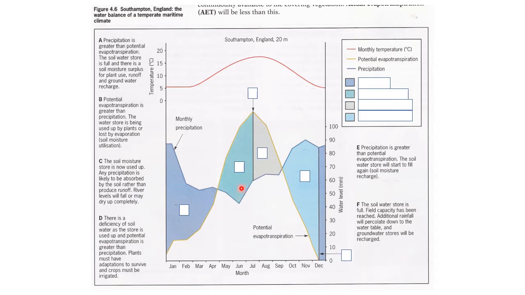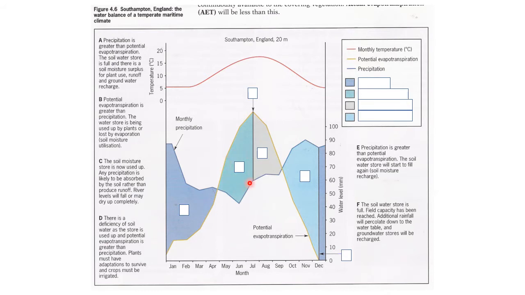So you've still got moisture in the soil, but more of it is evaporating or being used by plants than is being precipitated. The amount of water in the soil is going down in this section. So this would be your soil utilisation stage.